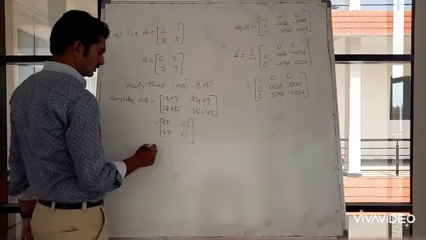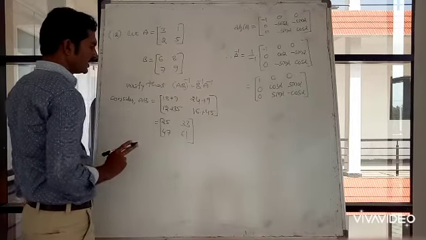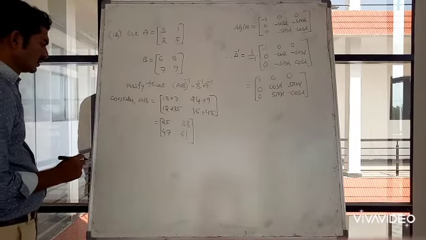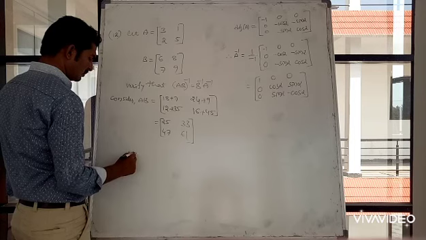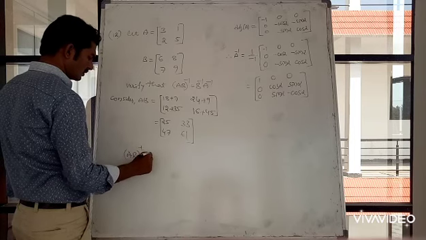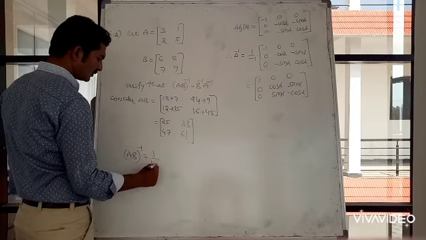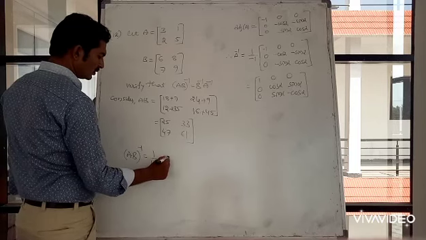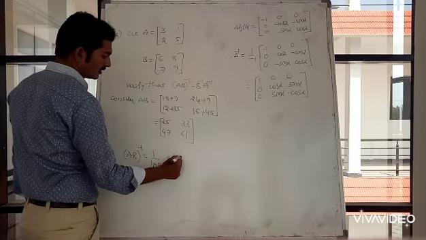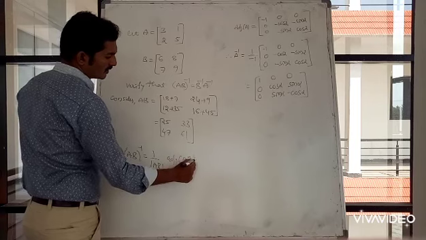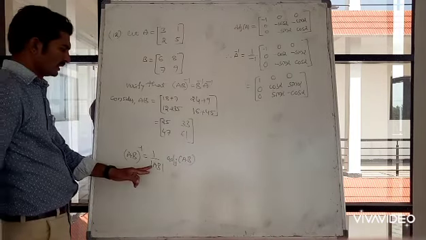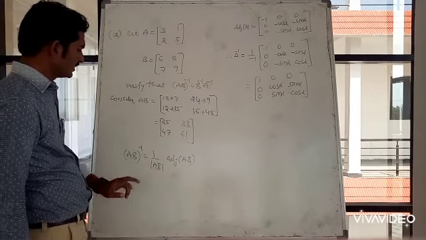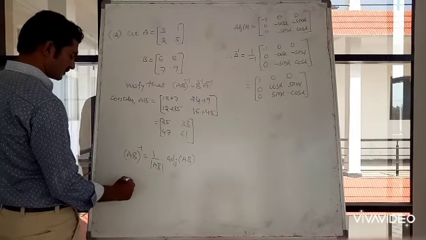Then it is AB. We require AB inverse. (AB) whole inverse means we know the formula: (AB) whole inverse is equal to 1 divided by determinant of AB into adjoint of AB. So first of all, calculate determinant of AB.